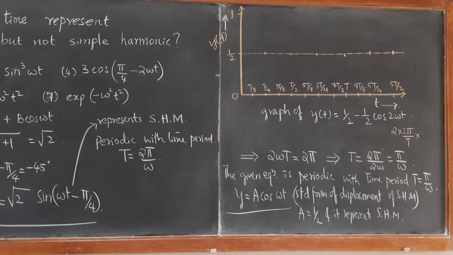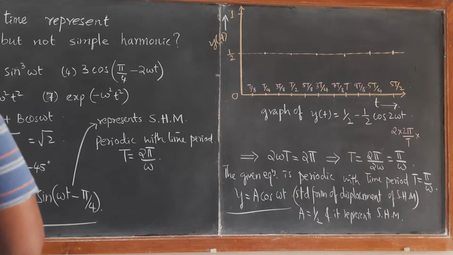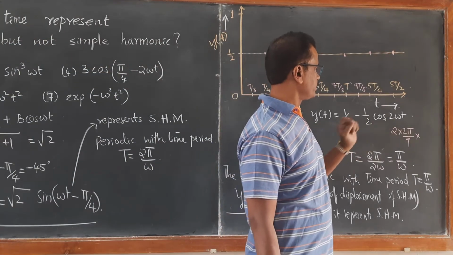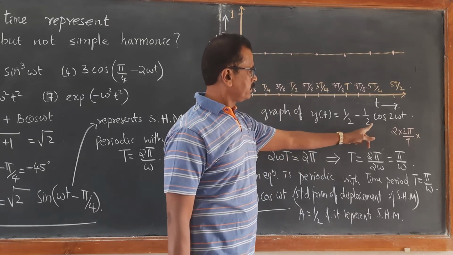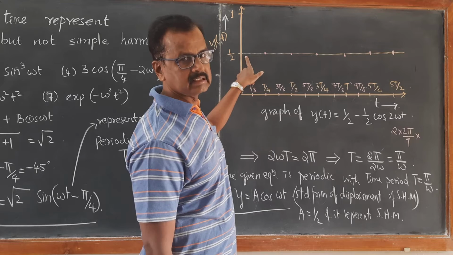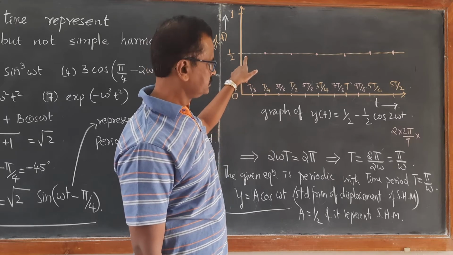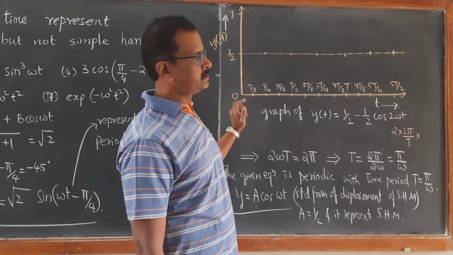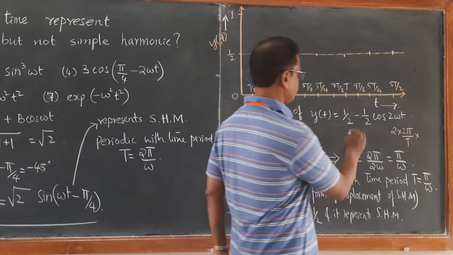When we draw the graph of y(t) equal to half minus half cos 2 omega t, this graph will be symmetric about this axis at y equal to half, not at y equal to 0. Right? How is it? Look at this function.